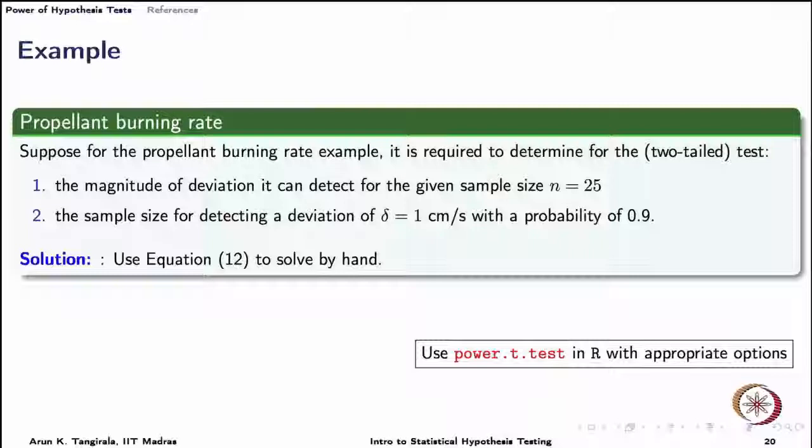Again, the first one you can work out in R by using this routine called power.t.test that is available in the stats package in R. By the way, there is also a pwr package exclusively for calculating power of hypothesis tests for all kinds of hypothesis tests, mean, test of variance, comparison of two population variances and so on. So, let me show you how this power.t.test works in R.